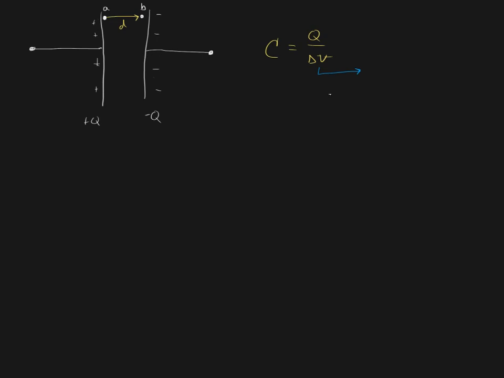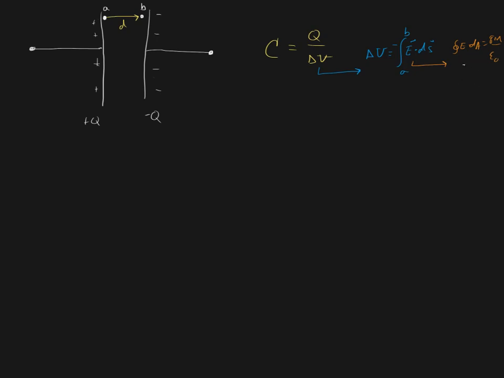We can use Gauss's law, so delta V is going to be equal to minus the integral of E dot ds, from A to B. And then to get E, we go to Gauss's law, so the integral of E dot dA is equal to Q enclosed over epsilon naught.